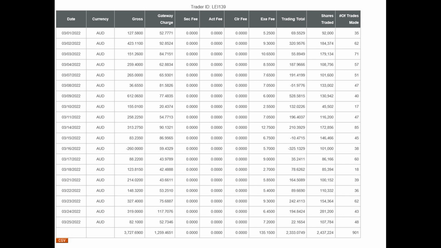So there are in total like 20 something trading days, and in total I made 2,300 Australian dollars, which on average every day is still like 100 Australian dollars, and I only work every day like 2 or 3 hours.